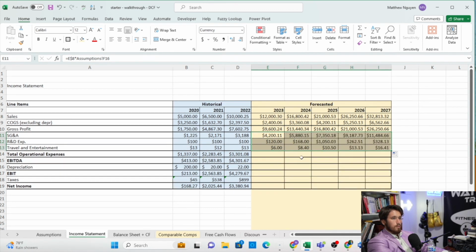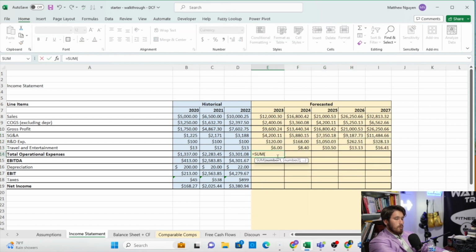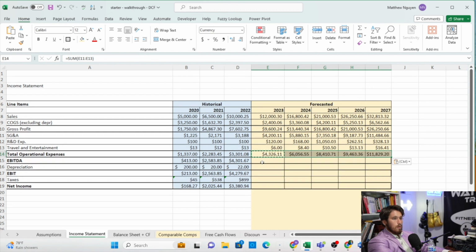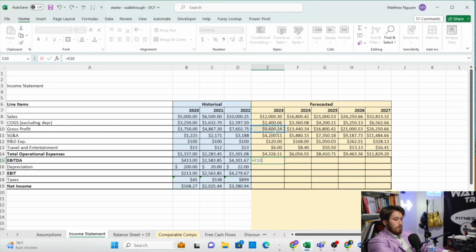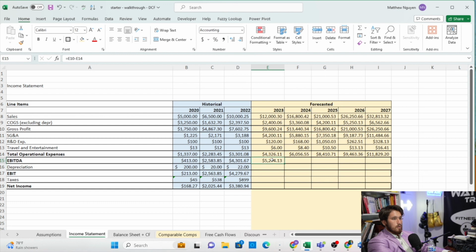Pull this over. All right, our total operating expenses. Let's do a sum of all these. Let's copy, paste that. Let's get our earnings before interest, taxes, and depreciation and amortization. So we'll take our gross profit and subtract out our OpEx.